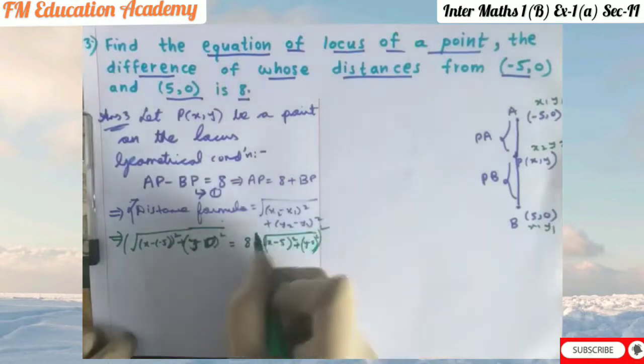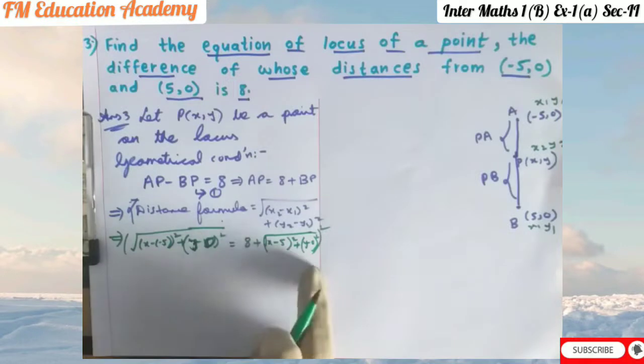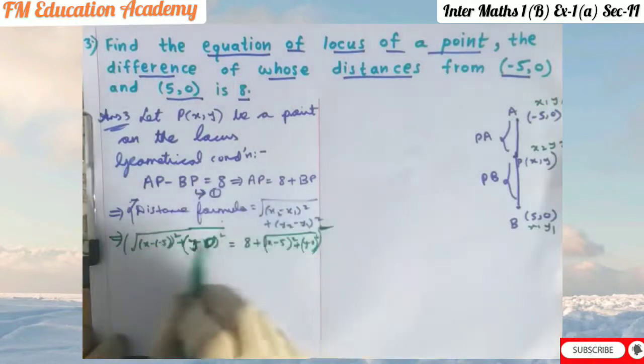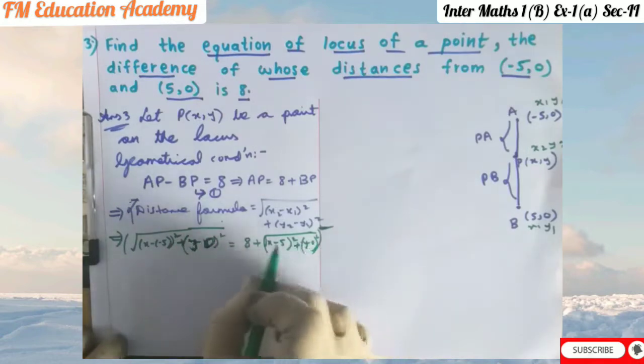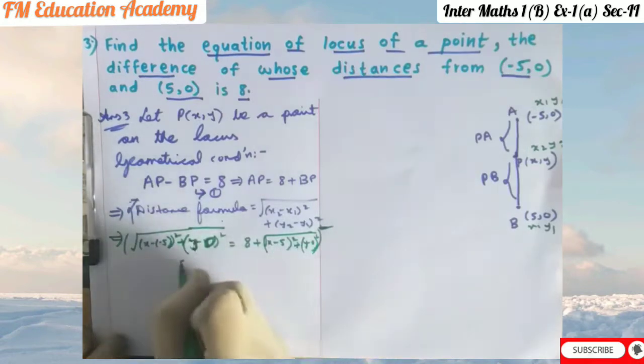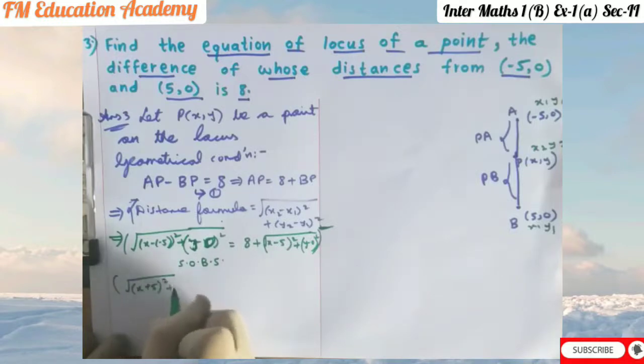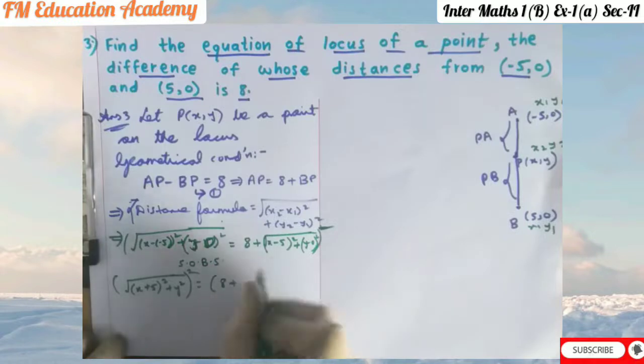Now here if we square on both sides, we'll be able to remove the root, right? So we'll square on both sides. How to square on both sides? Root of x minus into minus is plus, so (x plus 5) whole square plus y square is equal to (8 plus root of x minus 5).